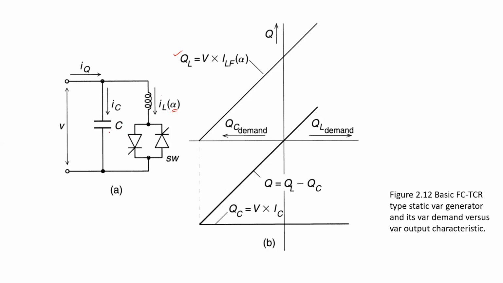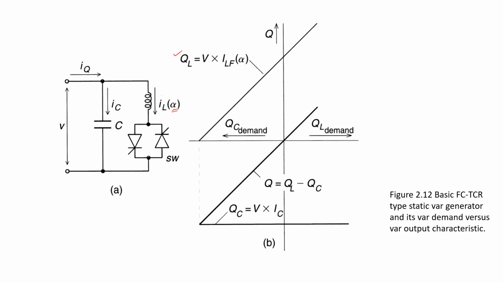is the capacitive compensation. And if the thyristor is fired at alpha equal to 0, the reactor handles its maximum rated current. Under such a condition, it absorbs the reactive power, or we can say that the compensation is an inductive reactance. Clear?